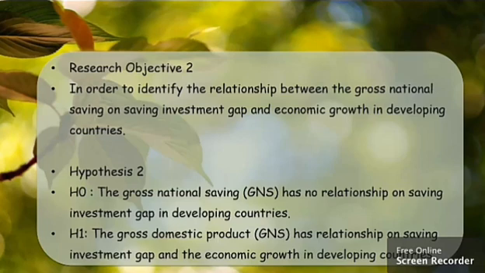So based on the OLS, when the saving investment gap increases by 1%, the gross national saving in the selected developing countries has decreased by 0.1945%, and the p-value, which is 0.042, is lower than the significance level 0.05. Hence, we reject the null hypothesis. Overall, there is a relationship between the gross national saving on saving investment gap and the economic growth in developing countries.